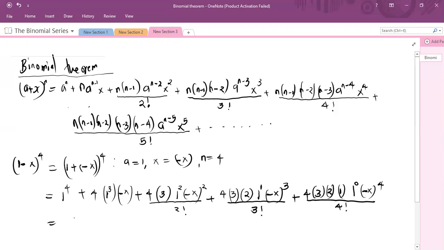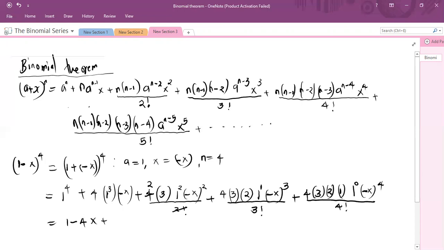So simplifying this will give 1 plus, actually it's going to be minus because of this here. So we'll have this as 1 minus 4x, plus, so you see this is 2 factorial, which is 2 times 1, which is the same as 2. So 2 will cancel with this.